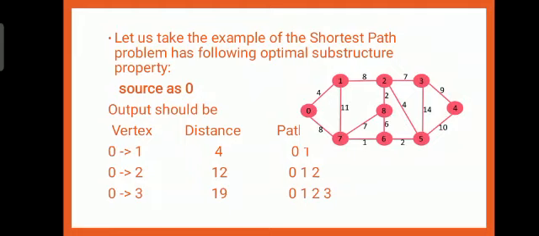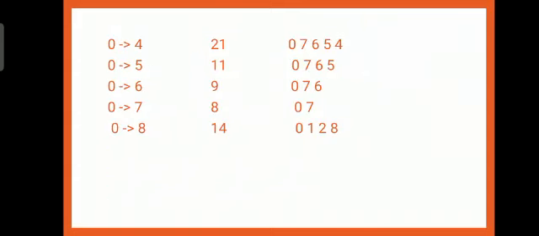Next, let us see 0 to 3. That is 0 to 1, 1 to 2 and 2 to 3. Now 4, 8 and 7 becomes 19. So the distance from 0 to 3 is 19. Let us see 0 to 4.